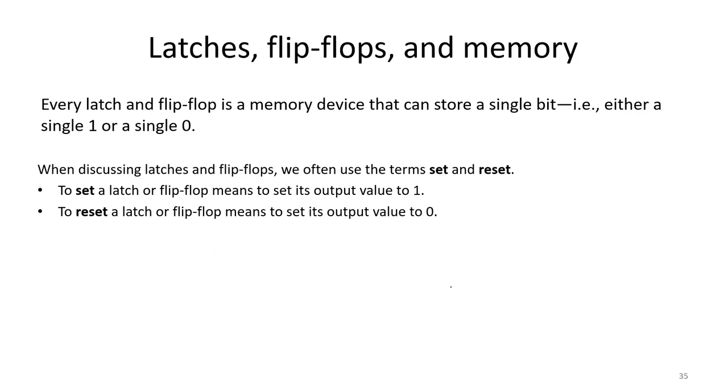The main takeaway you should remember for our purposes is that every latch and flip-flop is a memory device that can store a single bit, so either a single 1 or a single 0. And often, when we work with latches and flip-flops, we use these terms set and reset. If we set a latch or flip-flop, that means we set its output to 1. When we reset, we set the output to 0.